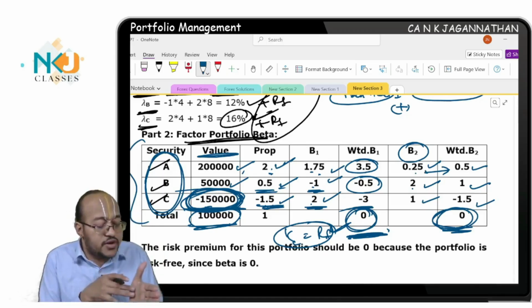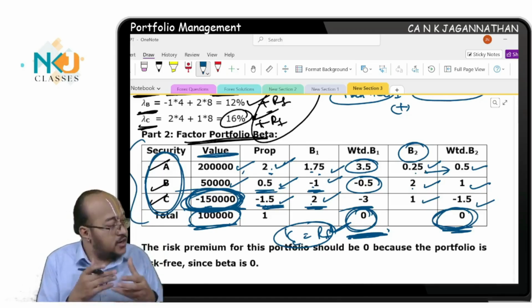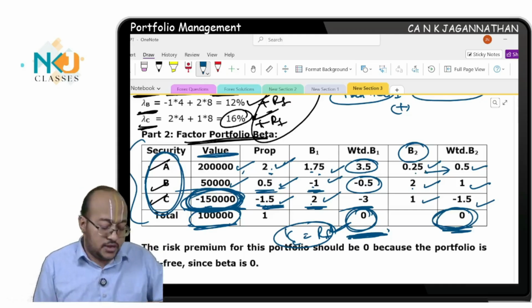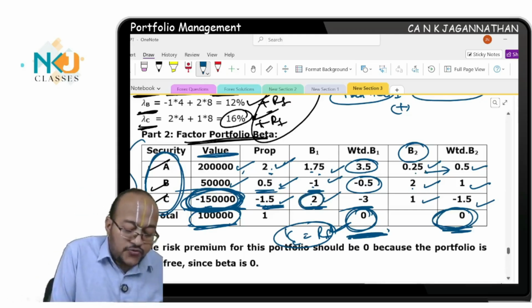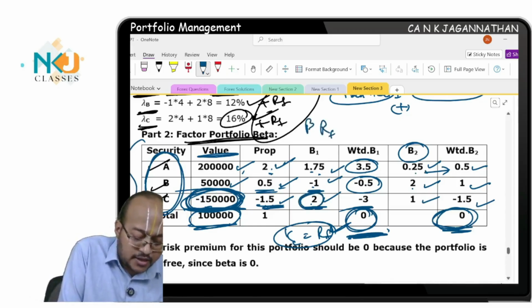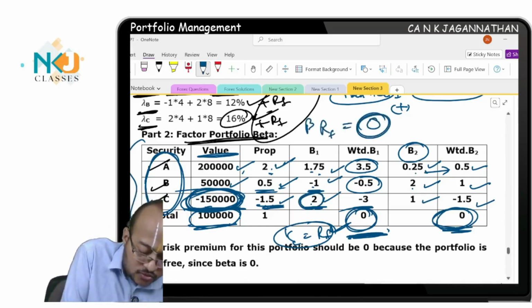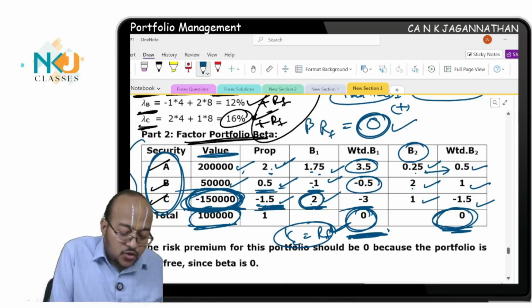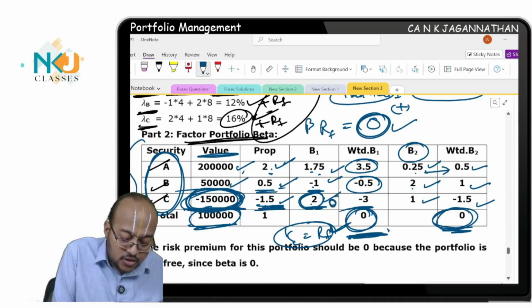Why? Because the risk-free rate will be there now. You cannot create a negative beta situation. What is the beta of a risk-free rate? The beta of a risk-free rate is 0. The proportion into beta, the beta will be 0 for the risk-free rate.